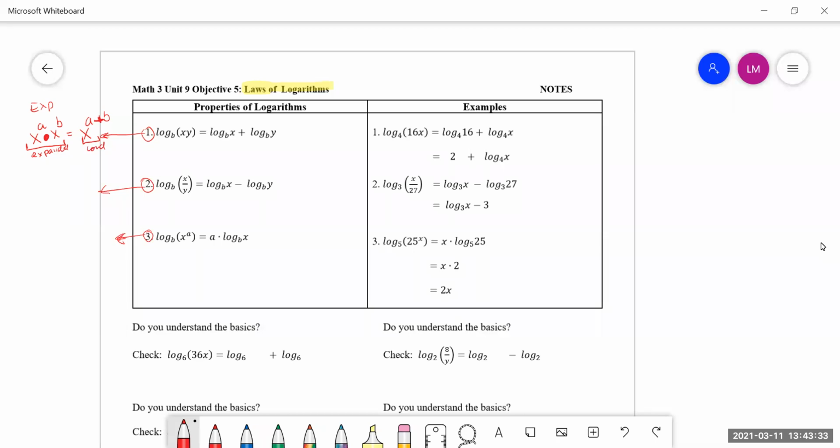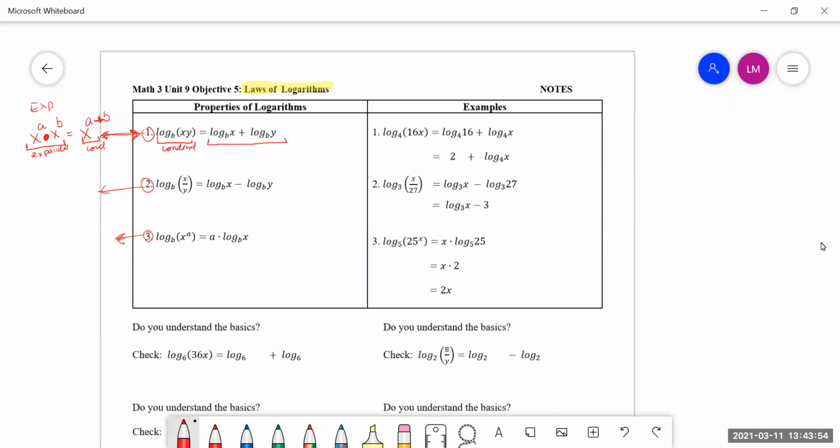So it follows the same exact rule when it comes to logarithm. But when it's condensed, it is a multiplication, okay? It kind of goes backwards. When it's condensed, it is a multiplication.